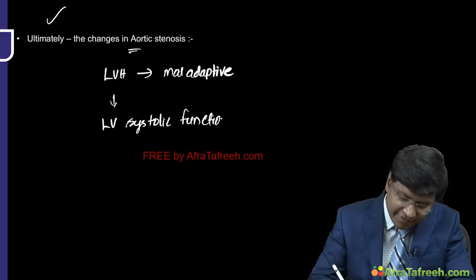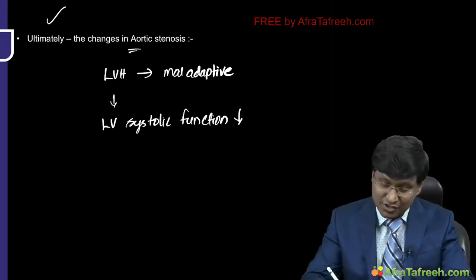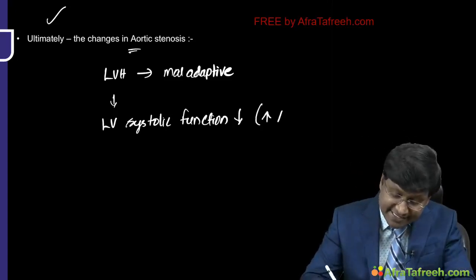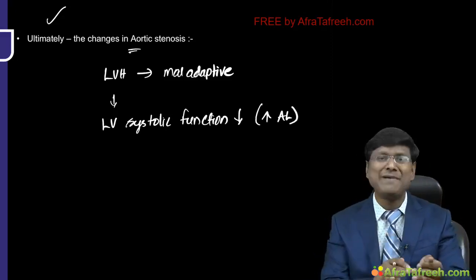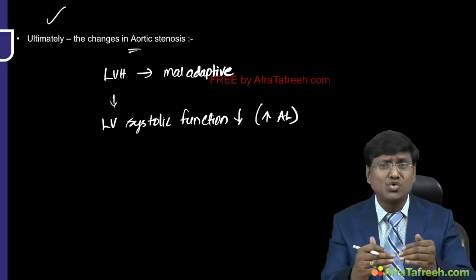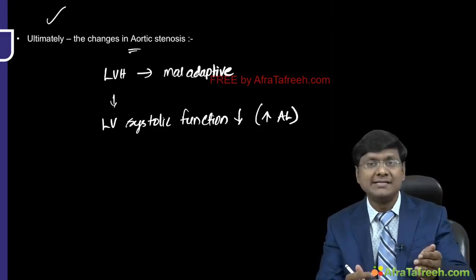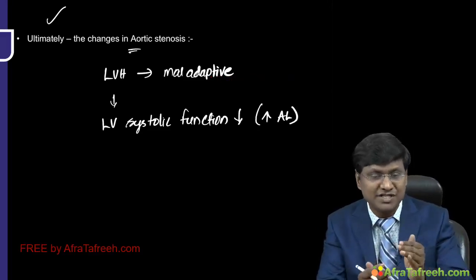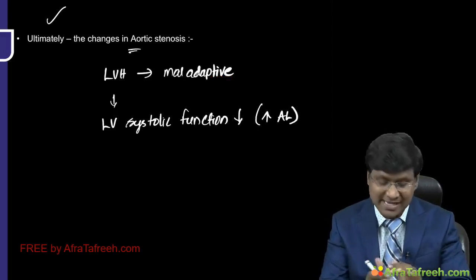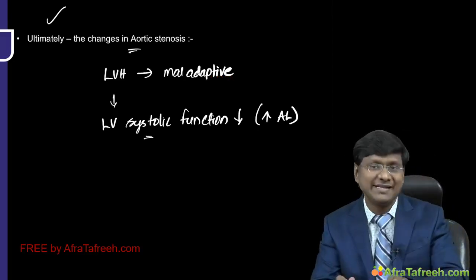When will the systolic function decline? Systolic function declines because of increased afterload. So there is an afterload mismatch. The stenosis is so severe and the afterload on the left ventricle is so high that the left ventricle is unable to take that afterload coming from severe aortic stenosis, and that is the point when the left ventricular systolic function declines, right?